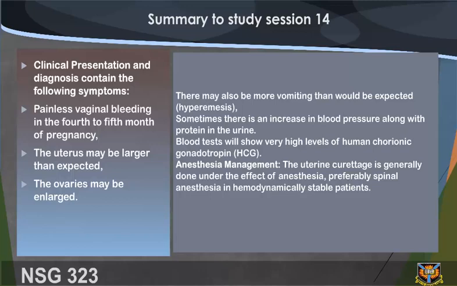Blood tests will show very high levels of human chorionic gonadotrophin (HCG). Anesthesia management. The uterine curettage is generally done under the effect of anesthesia, preferably spinal anesthesia in hemodynamically stable patients.